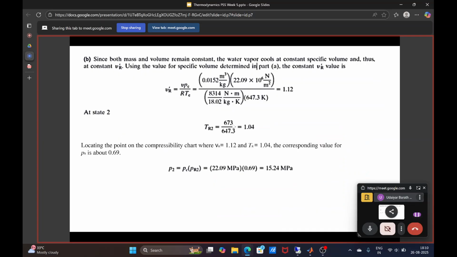That comes out to be 0.69. So multiplied by the critical pressure, that gives you the final pressure 15.24.